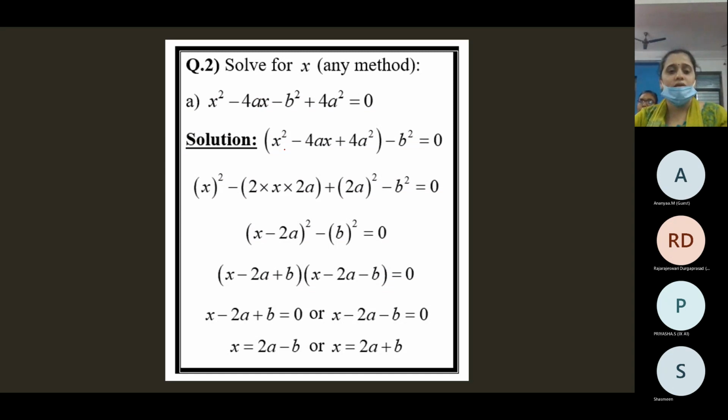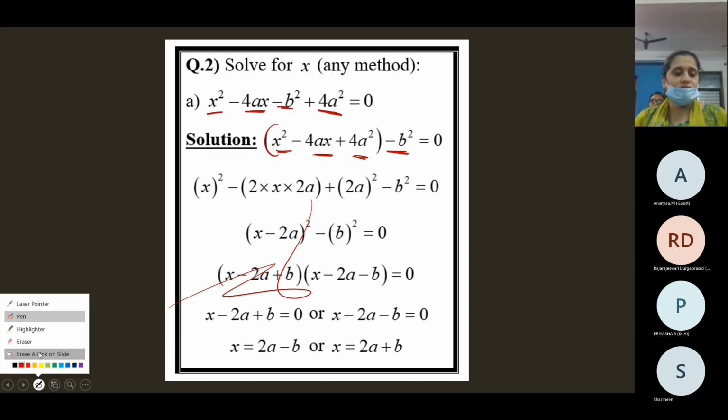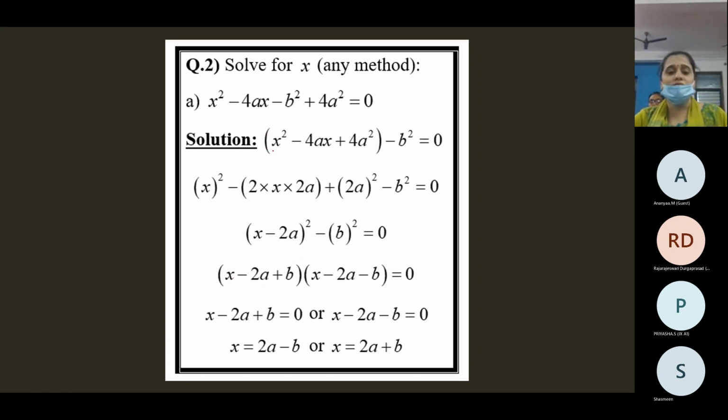So see here, I've grouped x square minus 4ax plus 4a square, and then minus b square stands alone outside the bracket, is equal to 0.